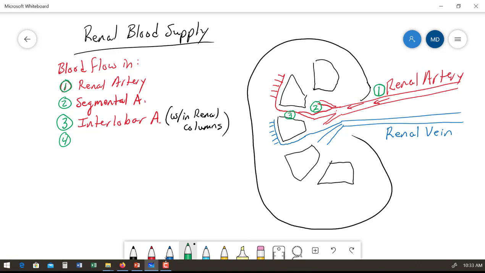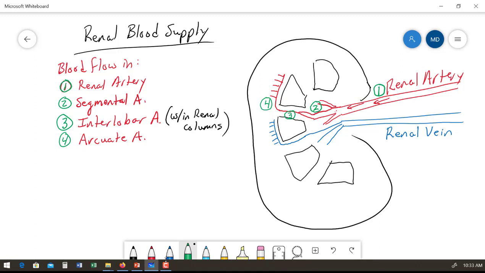Fourth step is the blood flows into what are called arcuate arteries. Like I say, the A that I'm putting here just means arteries. I'm going to put a label number 4 here. Just to be clear, these are the arteries that flow across the top of the renal pyramid.